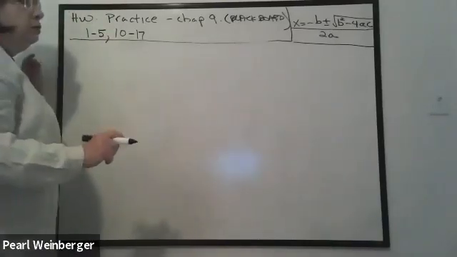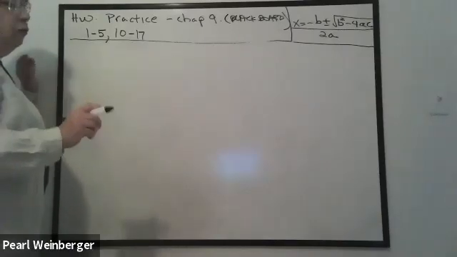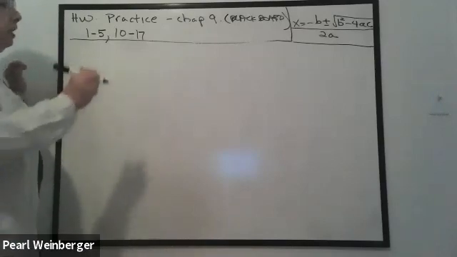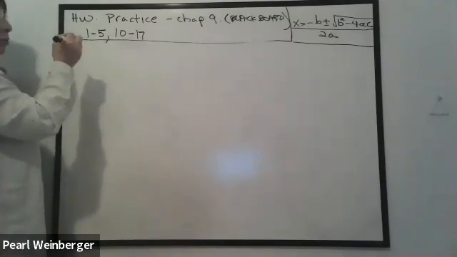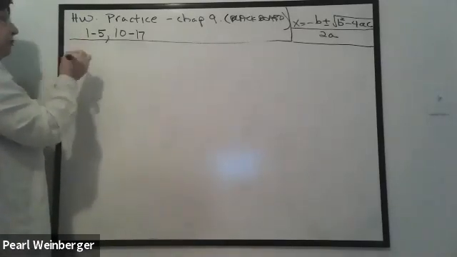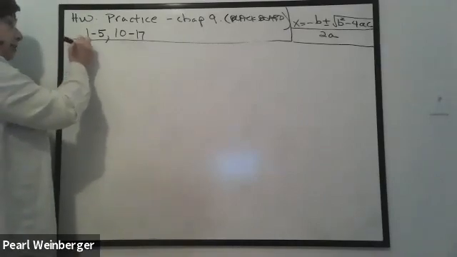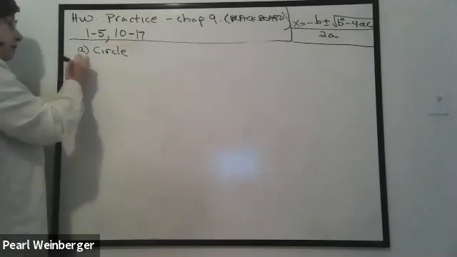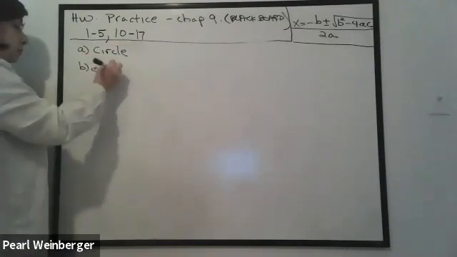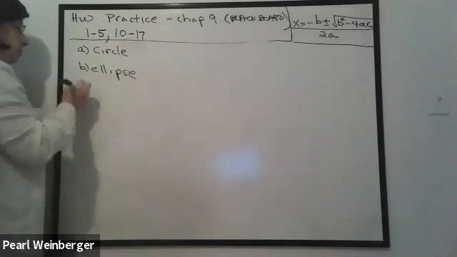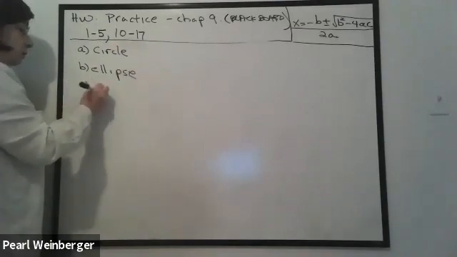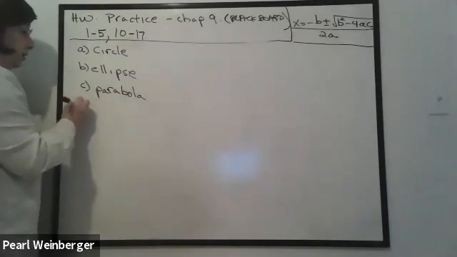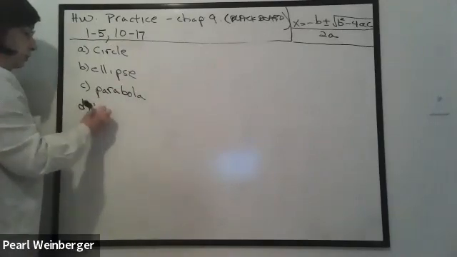We're going on to graphing of quadratic equations. And we said when we graph quadratic equations, we get one of 4 different shapes. The shapes were A, the circle, B, the ellipse, C, the parabola, and D, the last one, is called the hyperbola.